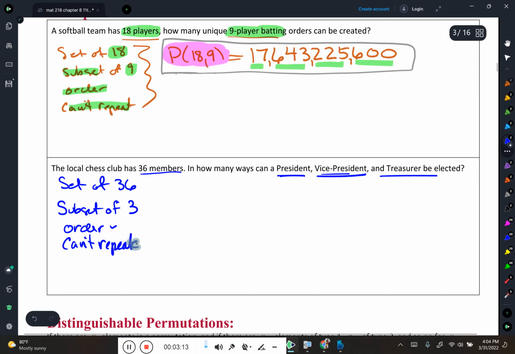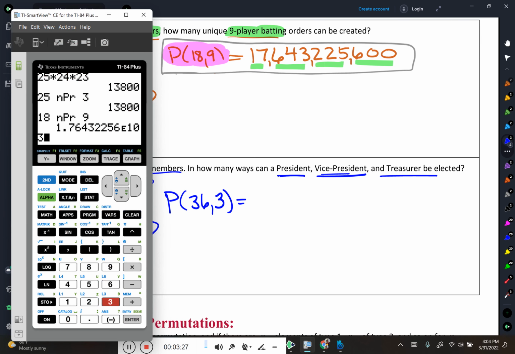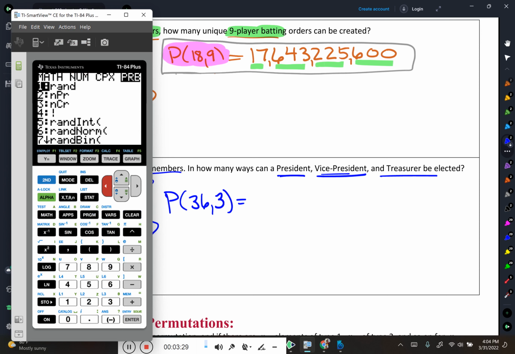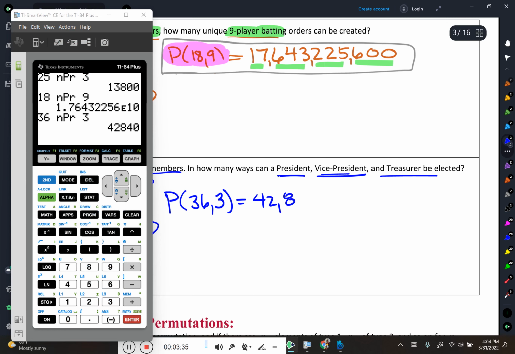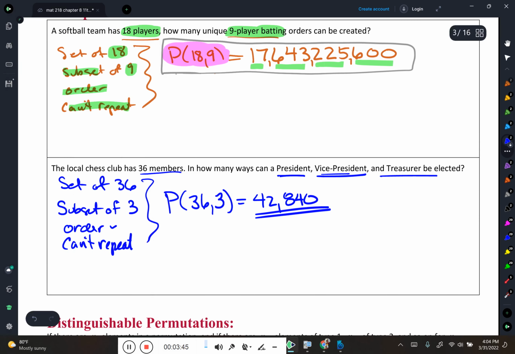So since we can't repeat, then we know that we're making a permutation. So this is going to be a permutation of 36, choose 3. Okay? So once again, grab my calculator, 36, math, number, probability, nPr, nPr 3, and I get there are 42,840 ways to select a president, a vice president, and a treasurer. Okay?